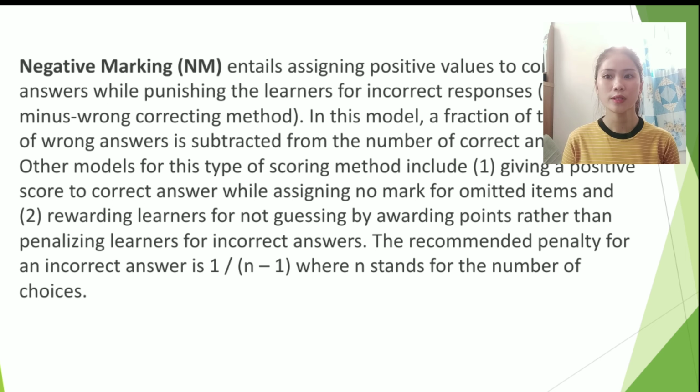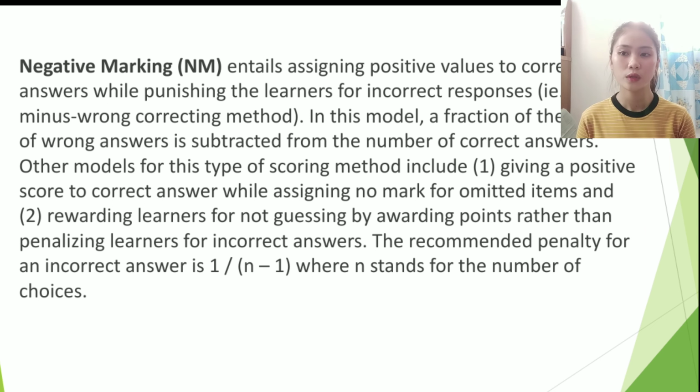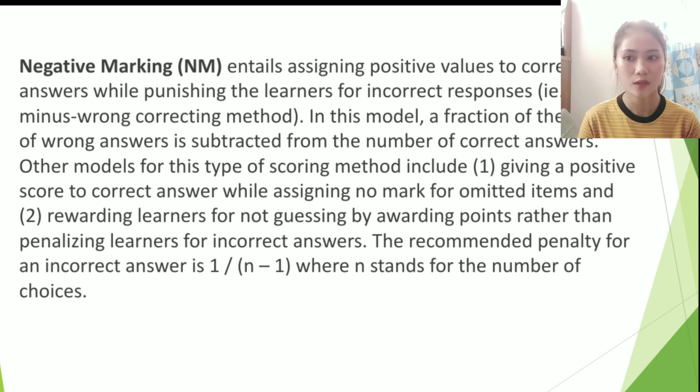The total score is then computed by adding the scores 1, 0, -0.25 across all items. For example, in a 10-item test, if a learner got 6 items correct, 2 items wrong, and left 2 items unanswered, then the total score is 5.5.